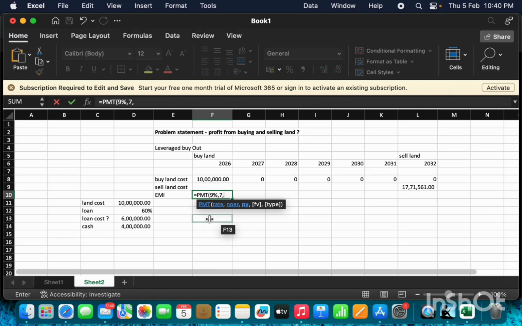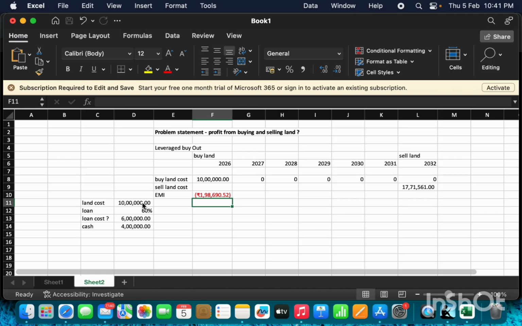What is the present value? Present value simply implies the loan amount that you are taking. The future value and the type are not relevant to us right now. So what it's saying is that per annum I have to make a payment of 1,98,690, which includes the repayment and the interest payment.